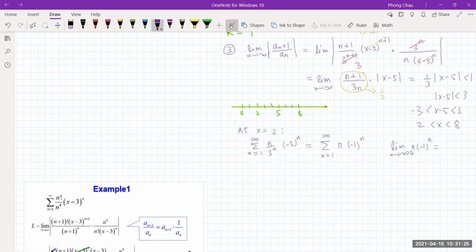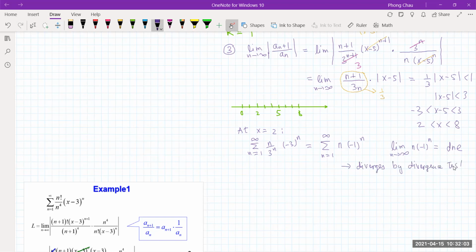Because n is getting bigger, 1, 2, 3, 4, 5, 6, 7, the sign flips from negative, positive, negative, positive. It's clear that these terms will not approach anything. They go from negative to positive, getting larger and larger in size. So the limit does not exist, and because it is not equal to 0, the series diverges by the divergence test.